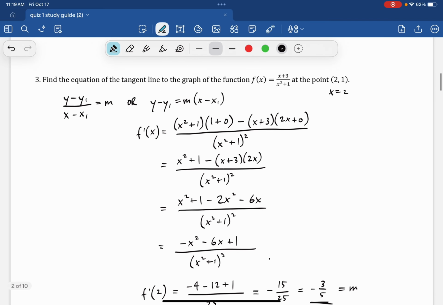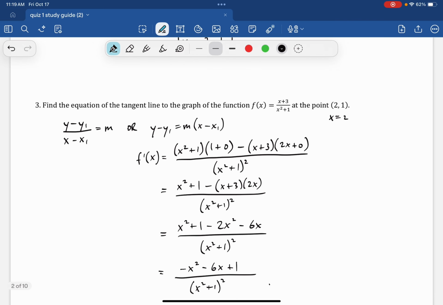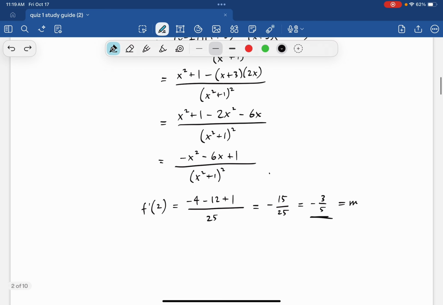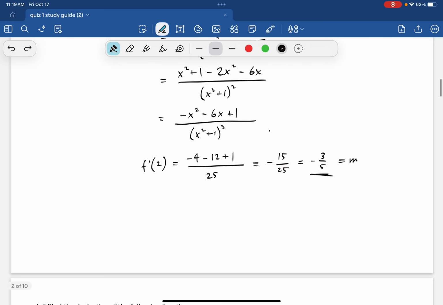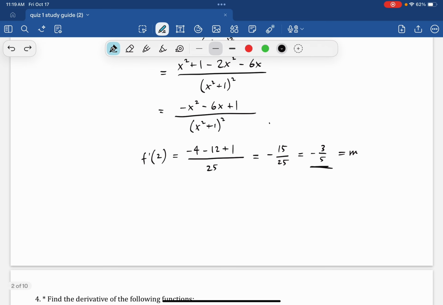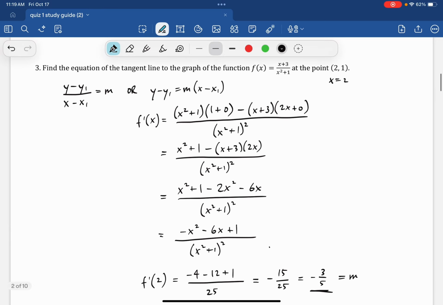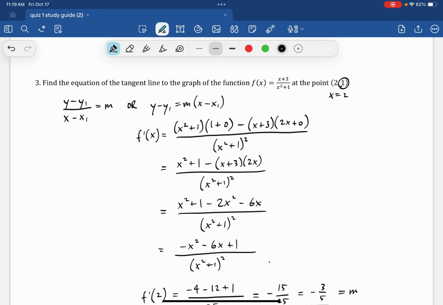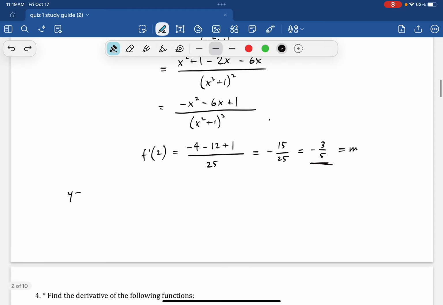And so, essentially, I know that the tangent line also has to pass through the point itself. And so I'm looking for the equation of a line that passes through this point with slope negative 3/5. And so that means I need to use point-slope form. So that'll be y minus, and what is y1? y1 is going to be 1, because that's the y-coordinate of my point. So that's y minus 1 equals m times x minus x1.